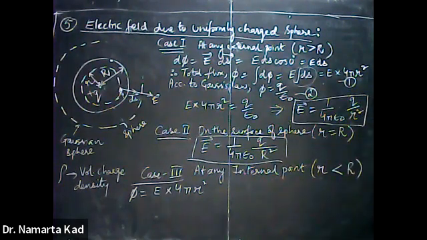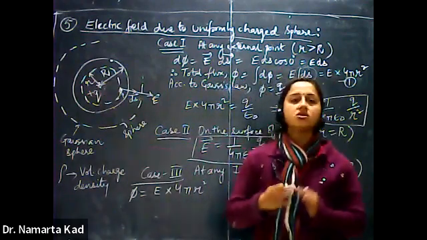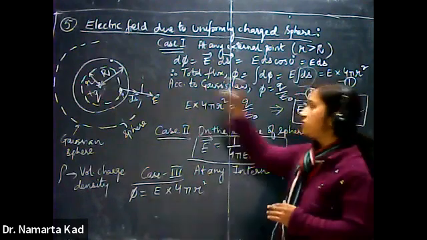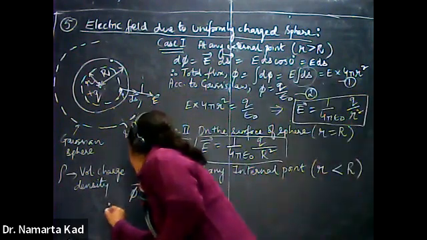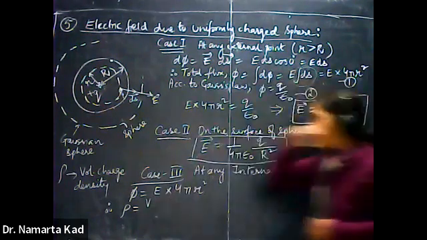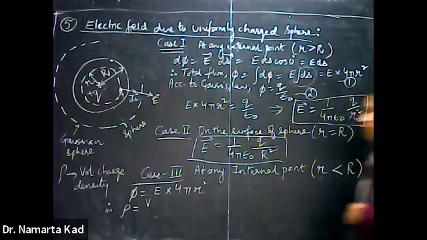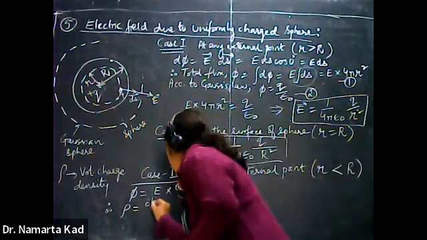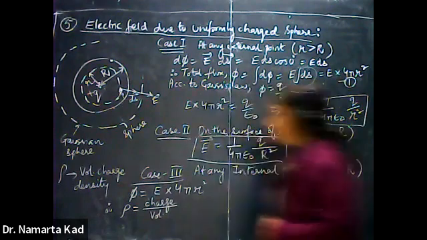Now, as we know, the charge is uniformly distributed over the charged sphere. We know that it is actually a uniformly charged sphere, so charge is distributed evenly everywhere in the sphere. Therefore, rho is the volume charge density, so rho is equal to charge per unit volume.